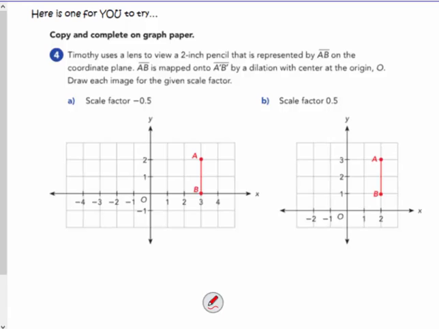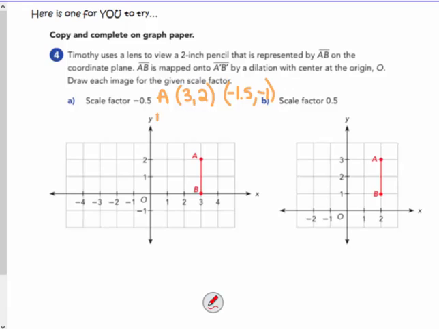So since the center is O, I'm going to multiply A's coordinates, which are 3, 2, both by -1/2. So -1/2 of 3 would be -1.5, and -1/2 of 2 would be -1.